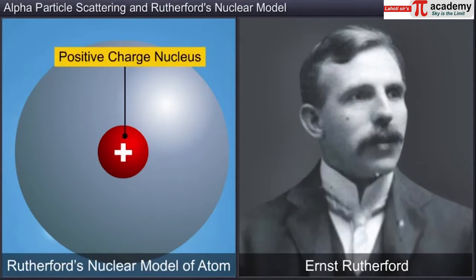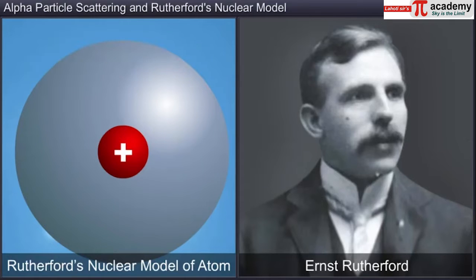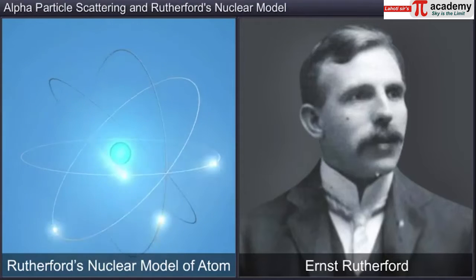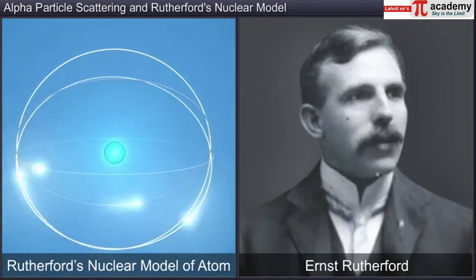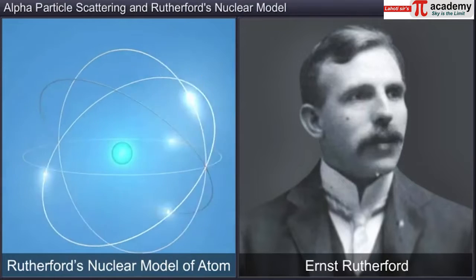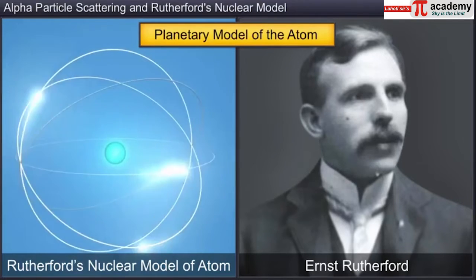The entire positive charge and most of the mass of the atom is concentrated at the center of the atom called the nucleus. He also proposed that the electrons revolved around the nucleus in orbits, just like planets revolving around the Sun. Hence, Rutherford's atomic model is also known as the planetary model of the atom.